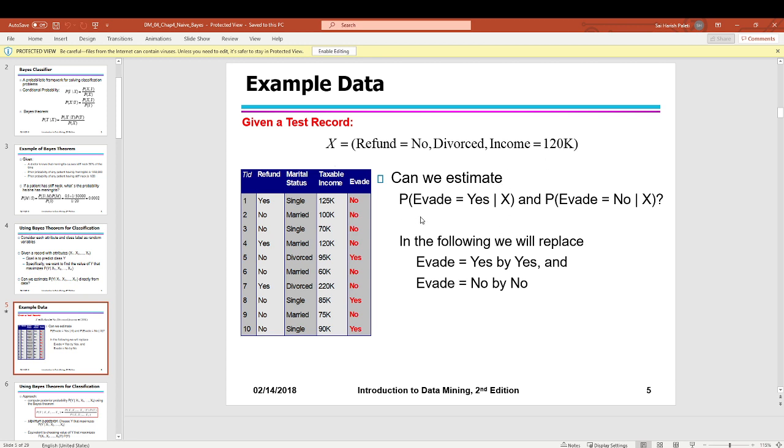So we have to estimate the probability of evade equals yes given x, and the probability of evade equals no given x, and classify it as either yes or no.